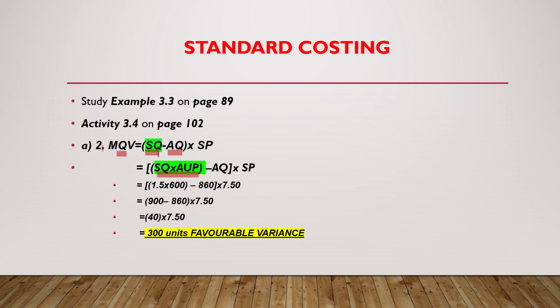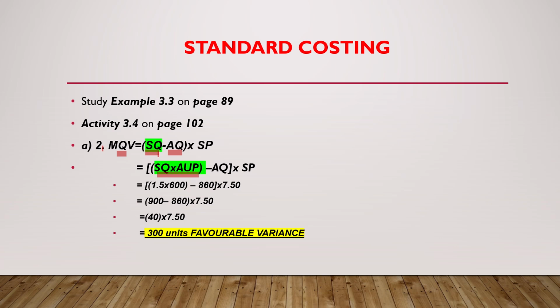Now you can see from here whether it's going to be favorable or unfavorable, right? Now the company planned to use 900 units, okay, but it actually used 860. That means there were about 40 left. We used less than we planned, so it's going to be advantageous for us because the ones that are left, you can use somewhere else. So 900 minus 860 is 40 units.